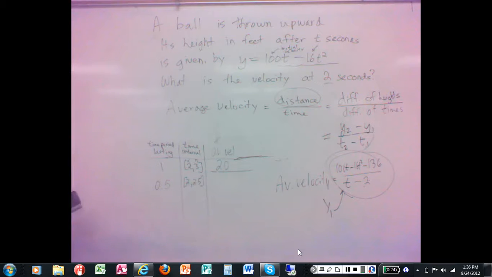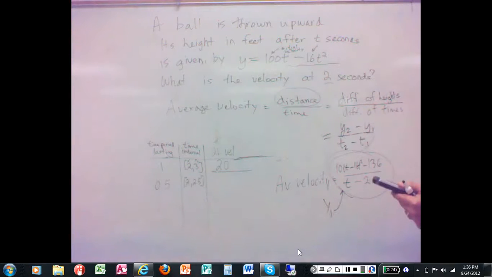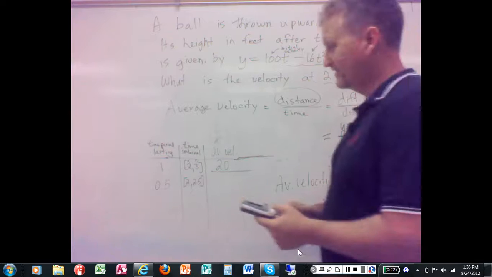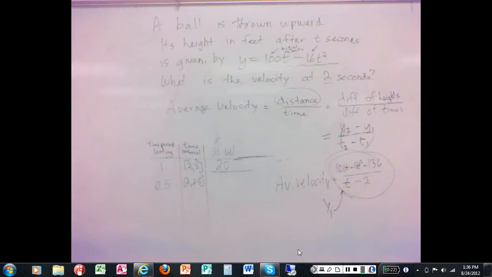Like I said, the calculator uses x's, so I'm just going to use x. 100x minus 16x squared minus 136. Then divide that by x minus 2. And that'll plug it in where I can just do my increments as I need it. Okay? So far, so good. Question about the formula there, anything?